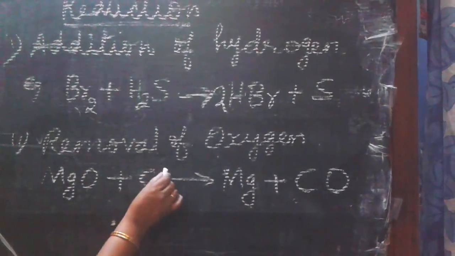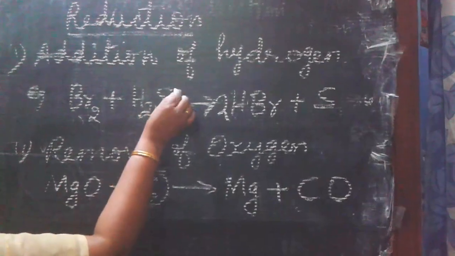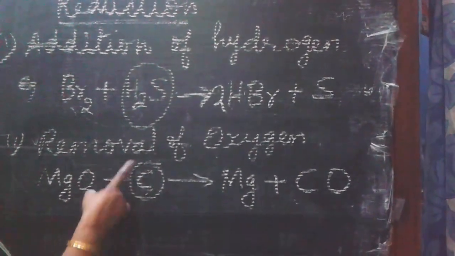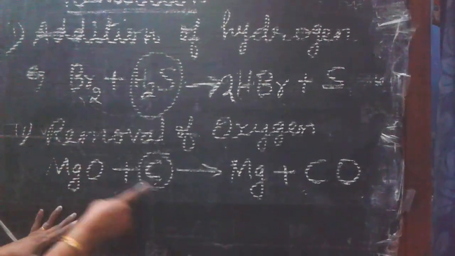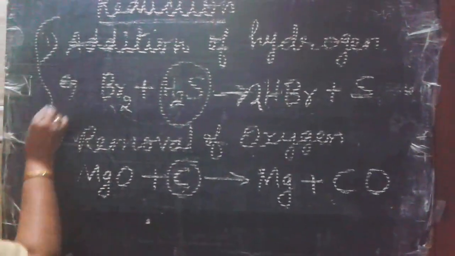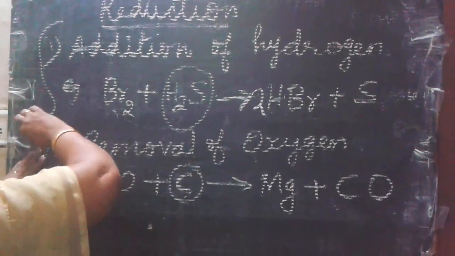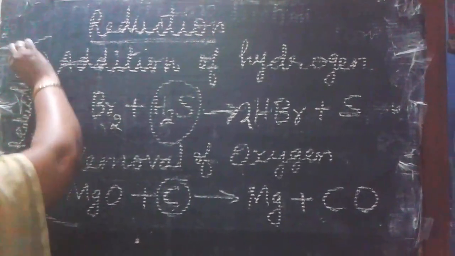Understood? So here carbon acts as a reducing agent and hydrogen sulfide acts as a reducing agent, both of them. In one, hydrogen is added, and here oxygen is removed. In both these cases, which reaction is it? This is the reduction reaction.